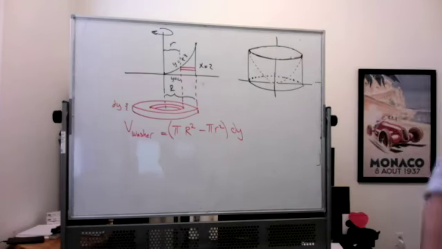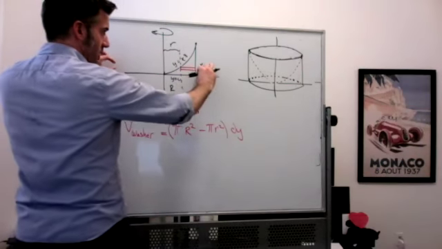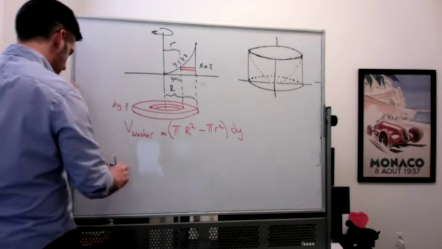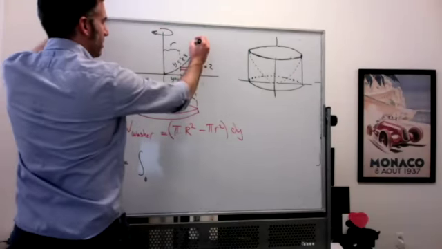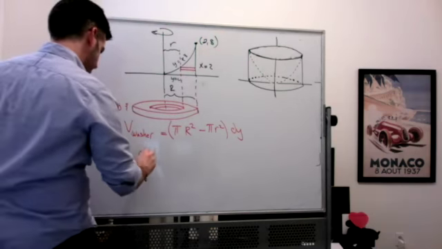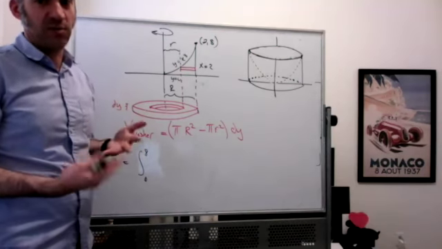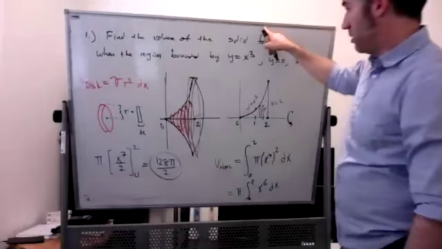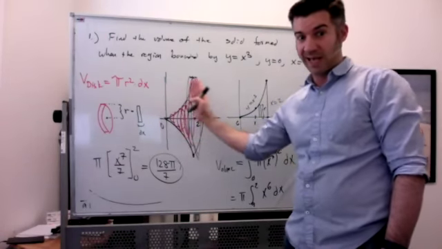So to find this volume, we're going to add up all the washers, and the washers go as low as 0 and as high as 8. When you're doing things with respect to y versus respect to x, often your limits of integration change. For this one, the vertical slices went as far left as 0 and as far right as x equals 2.